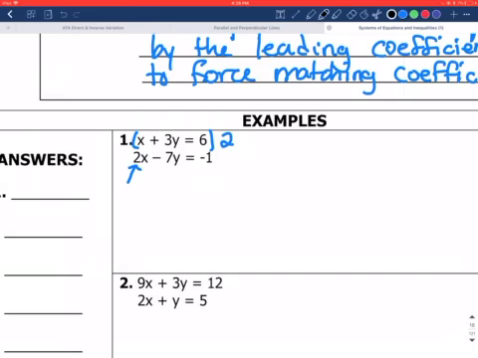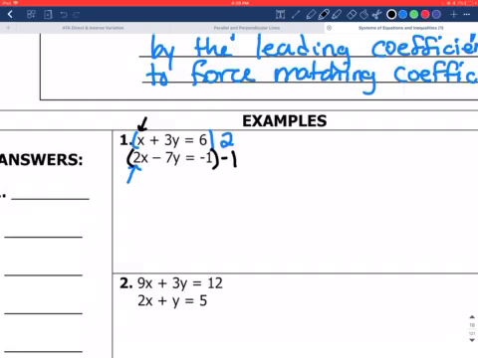Then I'm going to multiply the bottom by the opposite of the top leading coefficient. That top leading coefficient is a 1, so I'm going to multiply it by a negative 1. We need to have one of them be positive and one of them be negative.